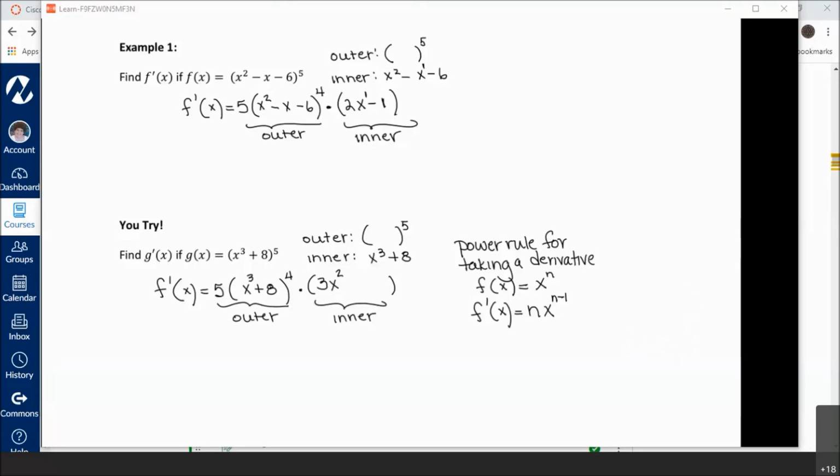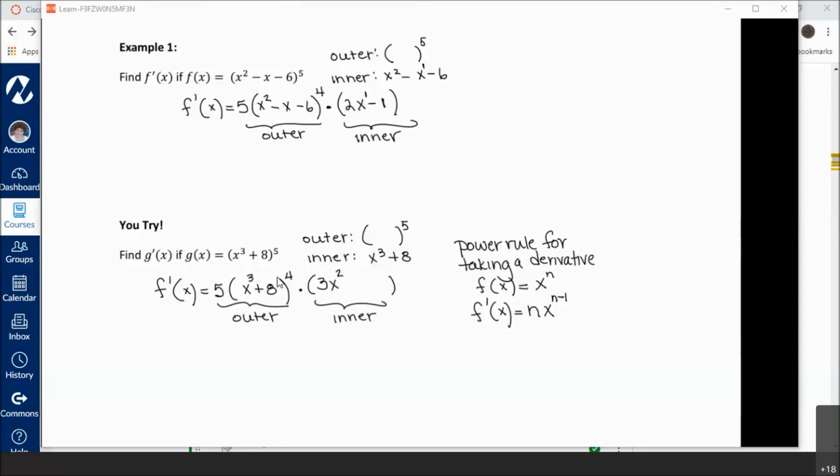Remember we said last time, what we're trying to do here with all these patterns is not necessarily stuff your brain with junk, but we're trying to speed up the process of taking a derivative. If you remember in the last unit, we had to take the limit as h approaches 0 of f of x plus h minus f of x divided by h, that's too long and drawn out. We get the same result with these patterns. So it's a way to speed up the process.